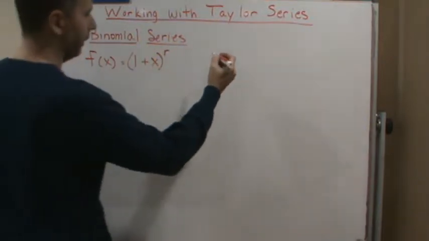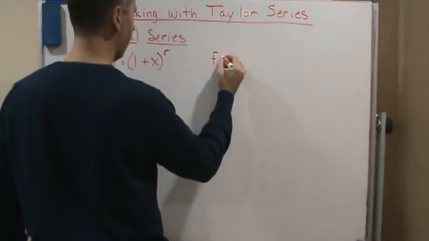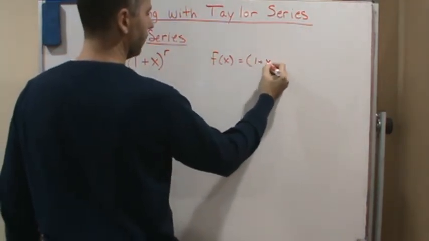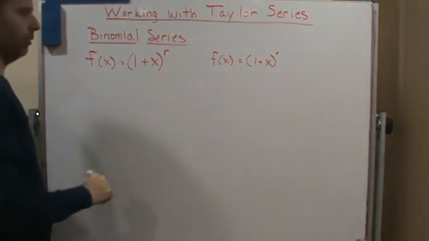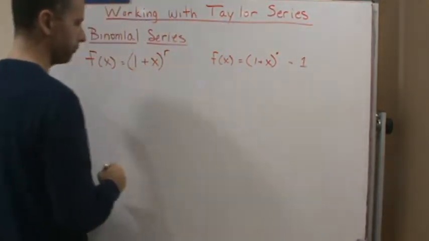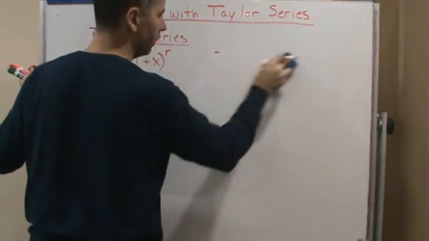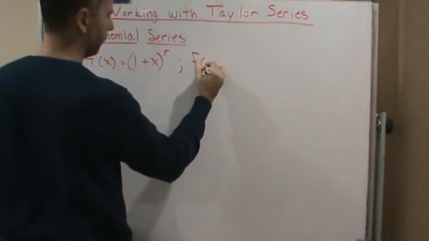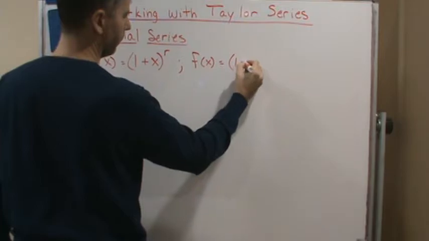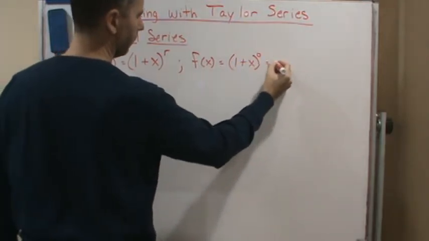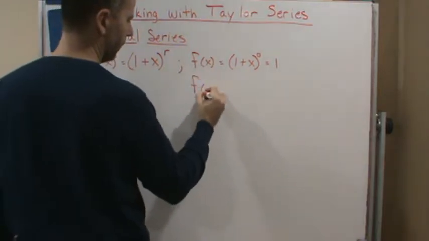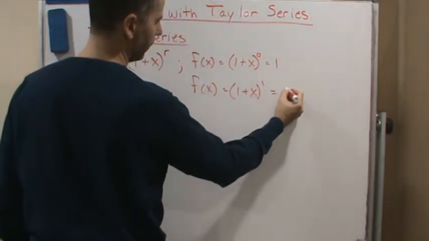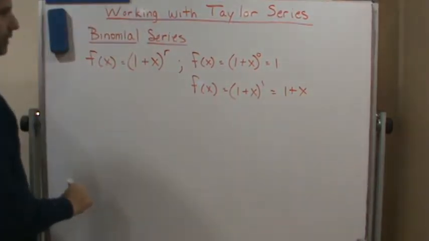So, for example, if we look at f of x equal to 1 plus x to the 0, if r is 0, then that's just equal to 1. Actually, let me move this over, give me more room. Okay, and then if we do f of x equal to 1 plus x to the first power, that's just going to be 1 plus x.